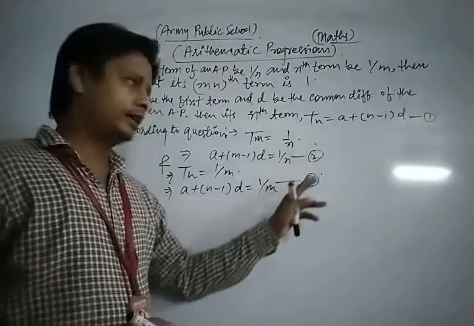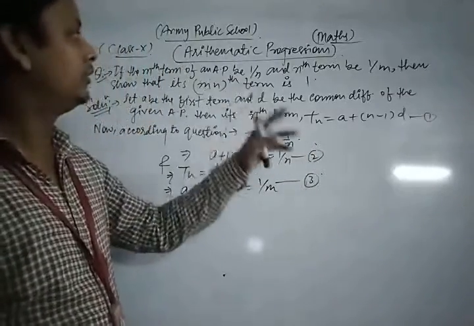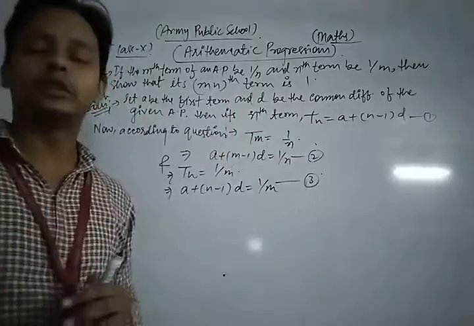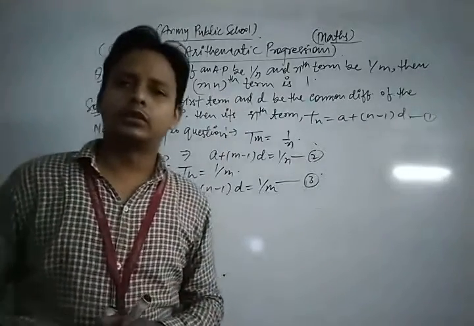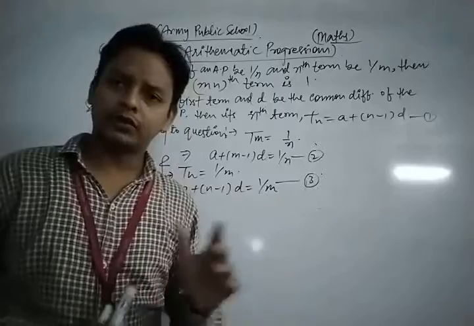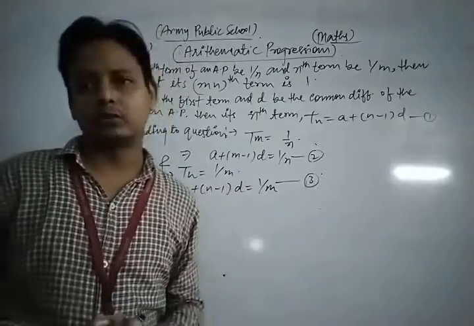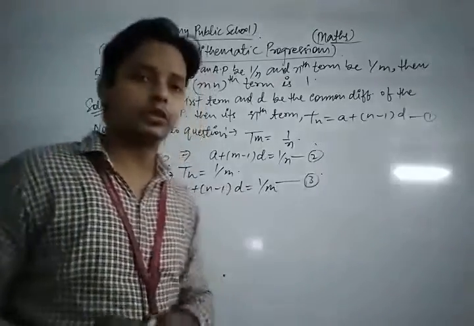Now solving equations 2 and 3, because we have to show that its mnth term is 1. Dear students, for finding the mnth term, first of all we find the first term and the common difference. So for that we solve equations 2 and 3.